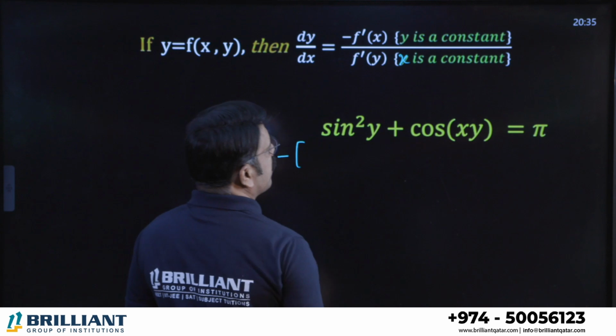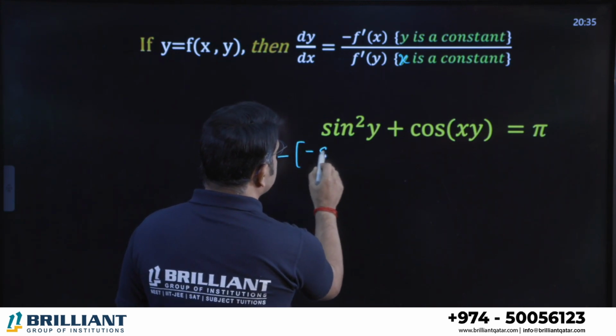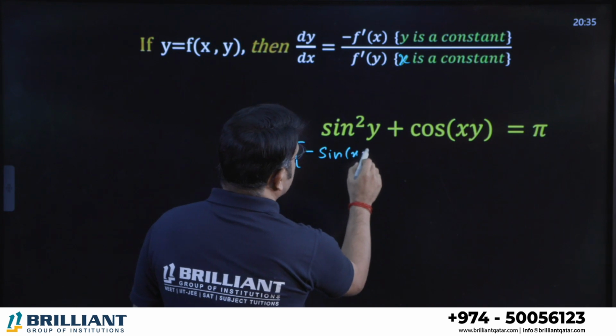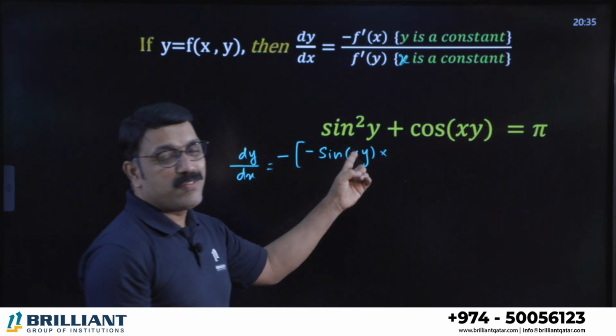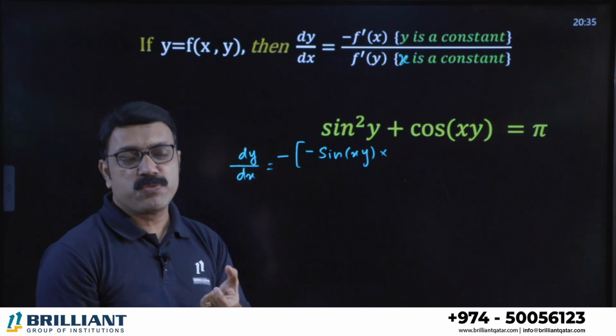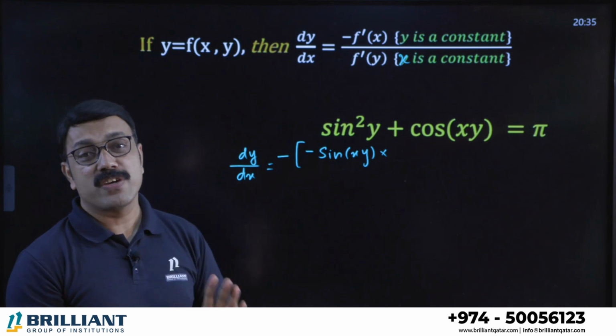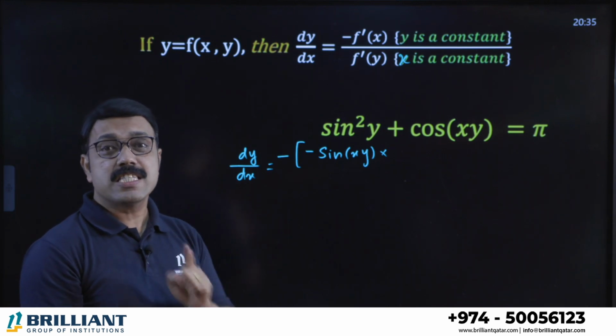Then the cos derivative is what? The cos derivative is minus sine xy into the derivative of xy. Don't take the product rule. Derivative of xy: where y is the constant, take the derivative of x only. The derivative of x is 1.